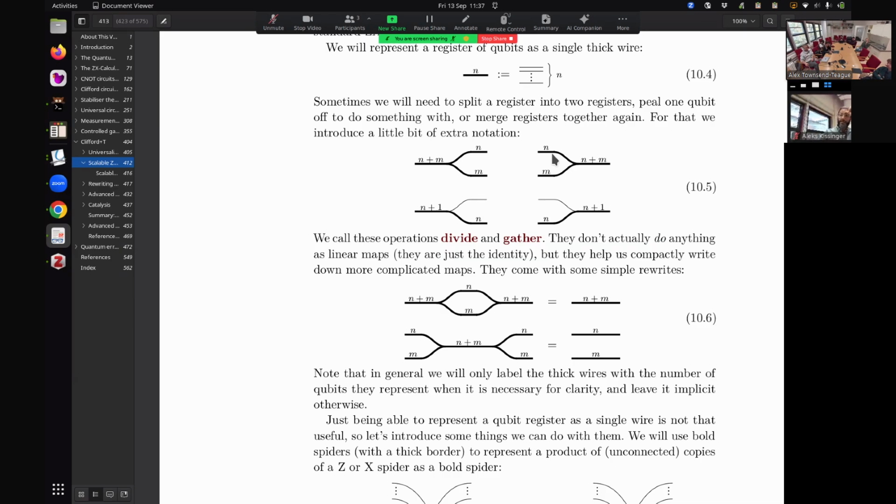So Aleks Kissinger, who's a PhD student of mine in Oxford, has been thinking a lot about doing surgeries between different kinds of codes. Thinking about it in the category of cell complexes or chain complexes, and giving some sufficient conditions for when I glue a logical from one code into a sufficiently similarly shaped logical of another code.